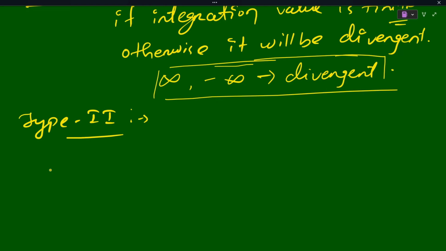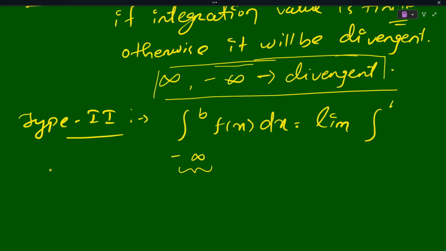The next category is if the lower limit is minus infinite. So how to find this? Again, here the lower limit is minus infinite, so we have to substitute it with a new variable. The new variable may be a, t, c or b, whatever you decide.